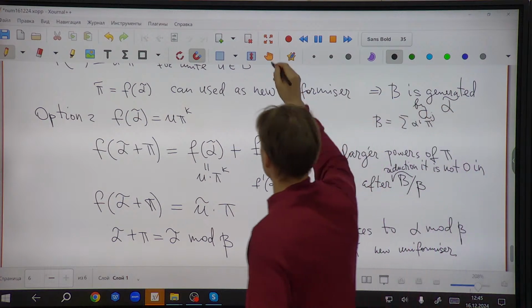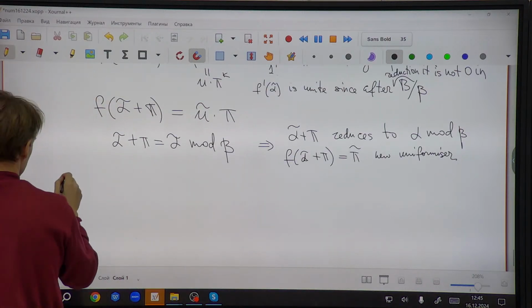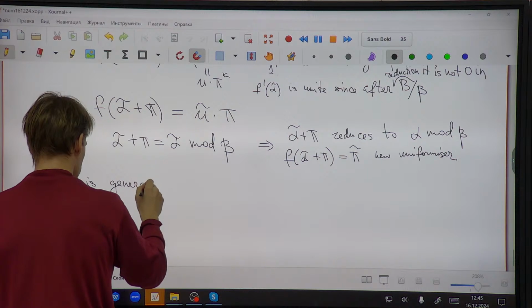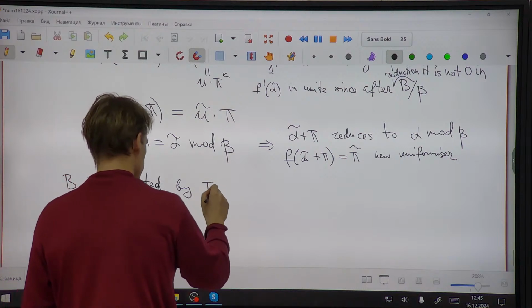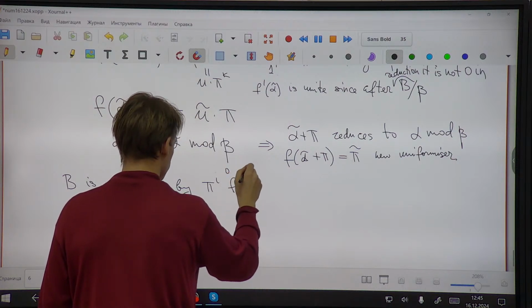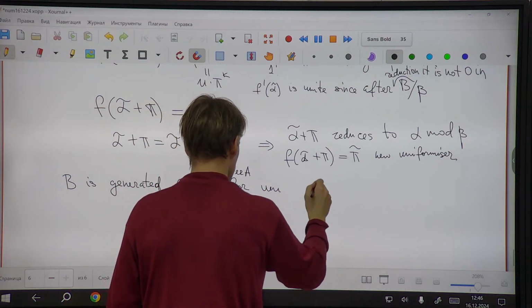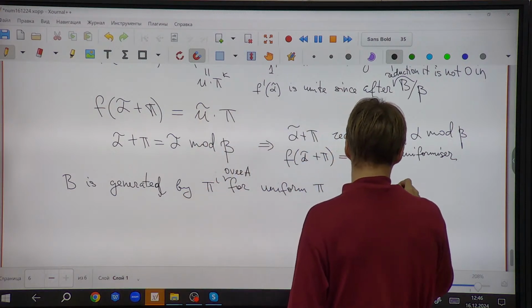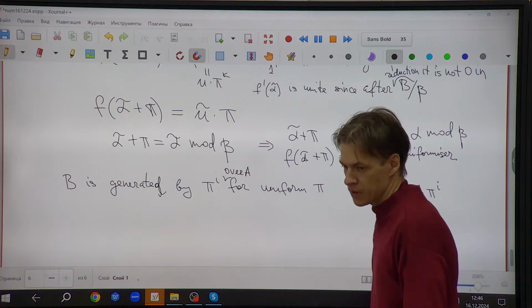So this implies that our ring B is generated by powers of p over A, for a uniformizer P. So B is just the sum of A p^i as a module.